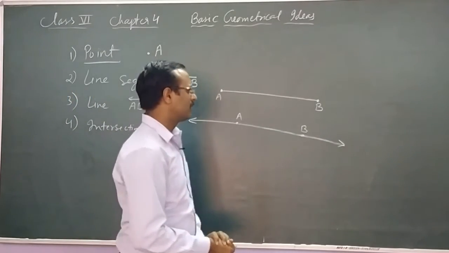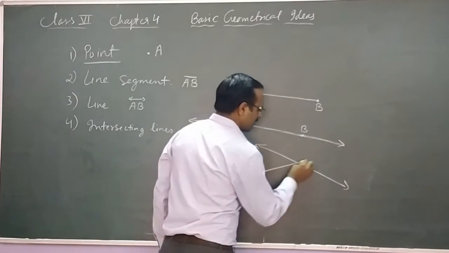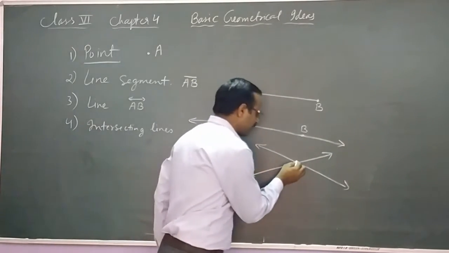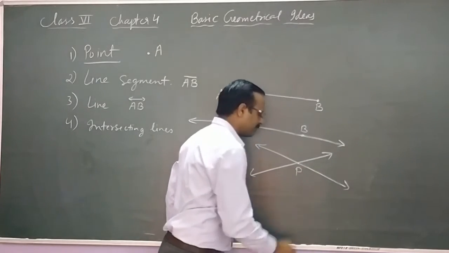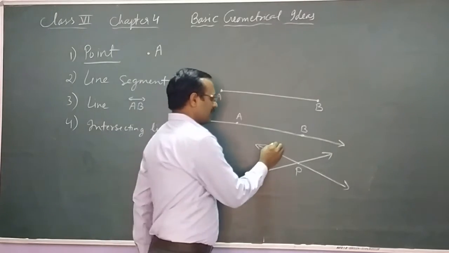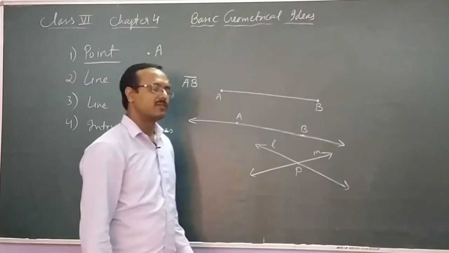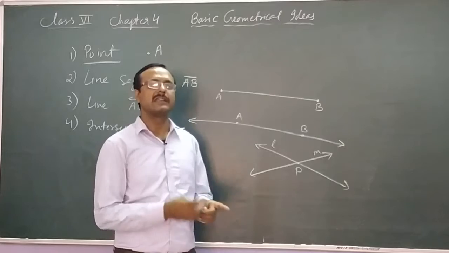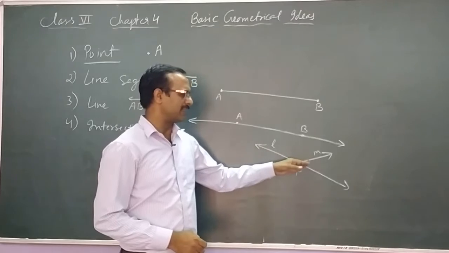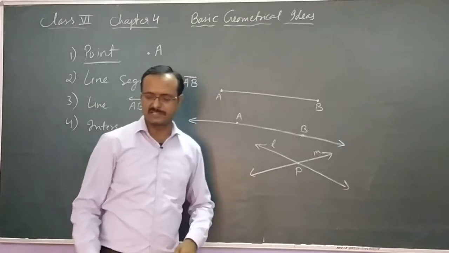If you draw any 2 lines and if they cross each other at one point, suppose the point be P, then you can say that this line can be denoted like this, L, and another line can be denoted by M. You can say lines L and M are intersecting each other at point P. They will make angles between them whenever the lines intersect each other.